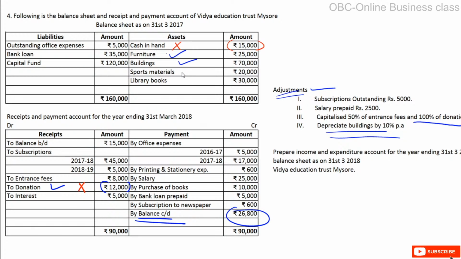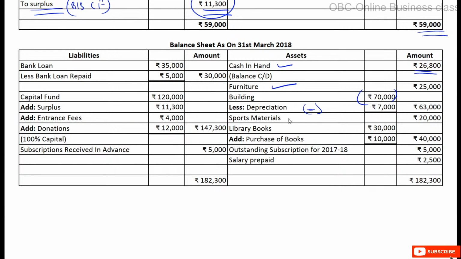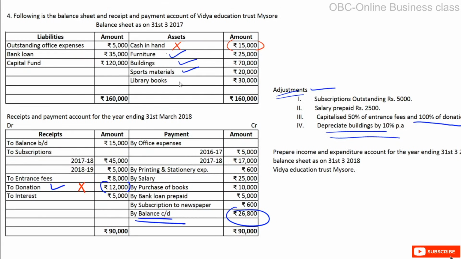Next, sports material. Look whether they have purchased any sports material this year. No, they have not purchased any sports material. So write as it is, sports material, nothing is going to change, 20,000 rupees. Next item in the balance sheet, library books. Library books is 30,000.